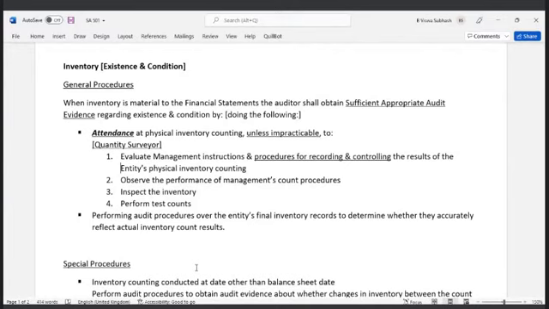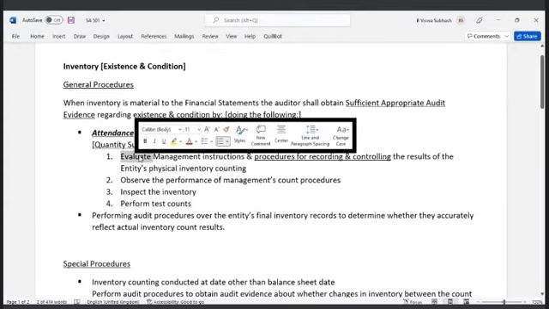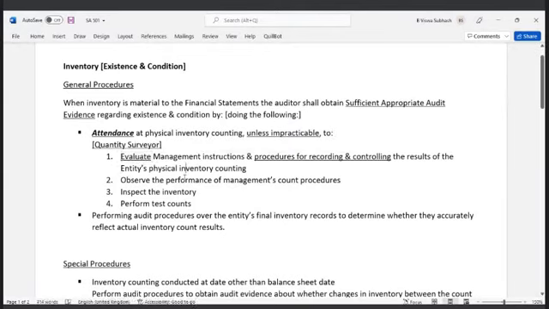You stand there and watch what people are doing, what procedures they follow for recording and noting down all the physical verification, counting, how they are reconciling. You need to evaluate. That is what is required of you.